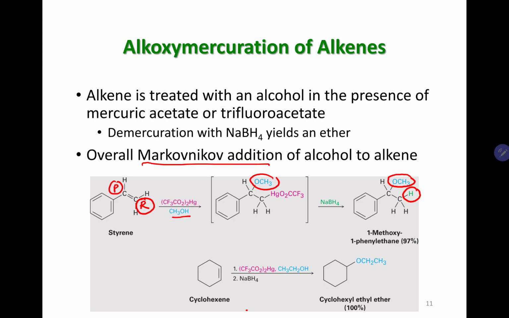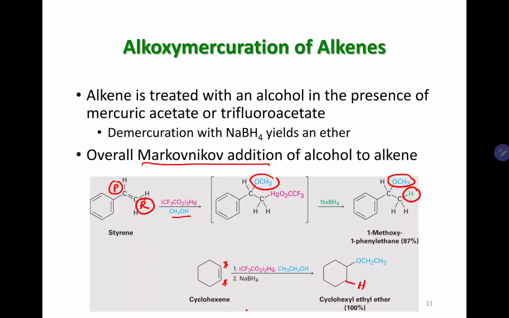Here's a nice example. You have an alkene in here, cyclohexene, and both carbons are similar because there is no rich carbon and no poor carbon. So one carbon gets the hydrogen. This is the carbon that received the hydrogen. Of course, you don't have to show it.